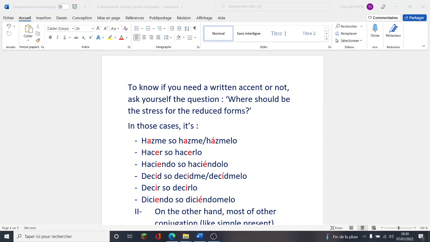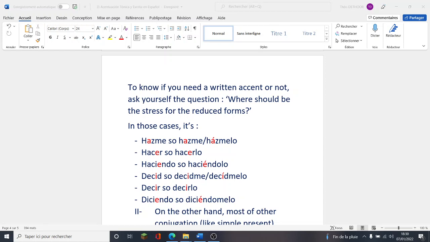Fourth example was decídmelo, and it comes from the root decid in the imperative. Decid is actually stressed on the last I. So I decided to put a middle example in order to tell you how it works.